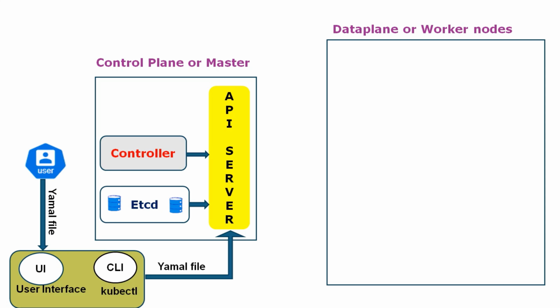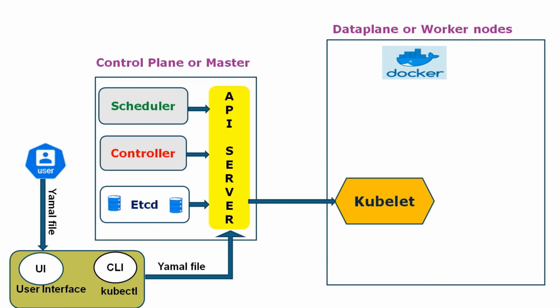Okay. Now how does the scheduler know which server or which machine has the capacity? So this is how it works in the data plane. The data plane means not only one server. You have multiple servers, and on each server Docker is running. On top of Docker, you need to install and run one more component called kubelet.